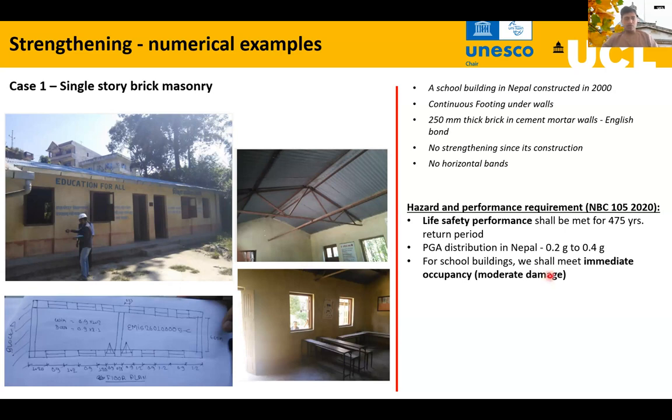Now, because this is a school building, we impose tighter safety regulation for schools because of the high importance factor. So we aim to ensure that the building should meet the immediate occupancy or moderate damage level after strengthening. And this is in accordance with the Nepalese Seismic Design Code, NBC 105/2020. In Nepal, the code defines the seismic hazard to be in the 0.2g to 0.4g range. So those are the criteria for the retrofit design.